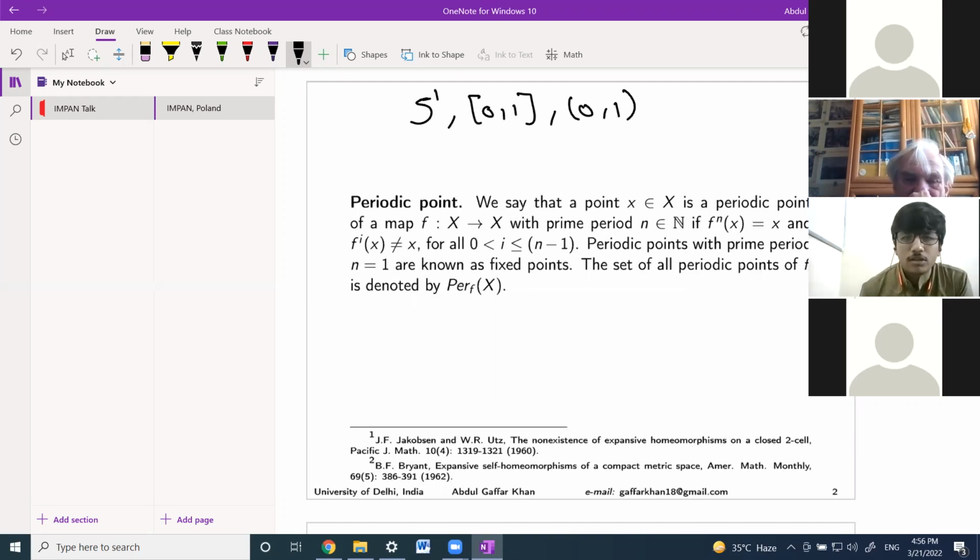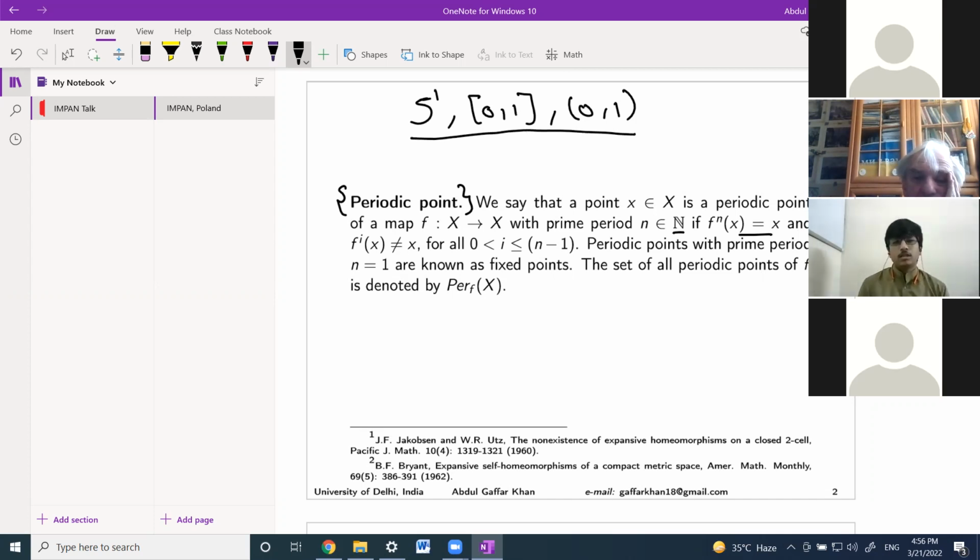In the proof of the result, the notion of periodic points plays a vital role, where a point is said to be periodic if f^n(x) = x for some positive integer n. So there does not exist any expansive homeomorphism on these spaces, although there are many other spaces that do not admit any such homeomorphism.